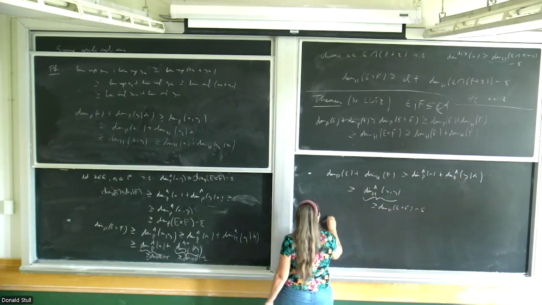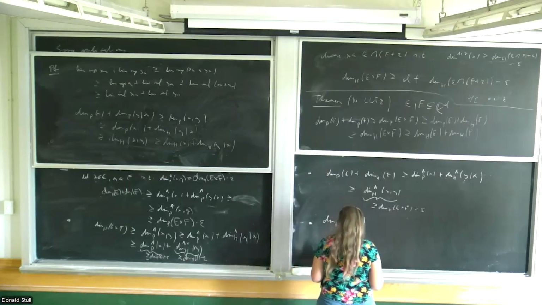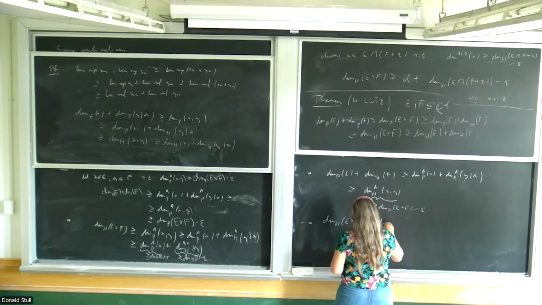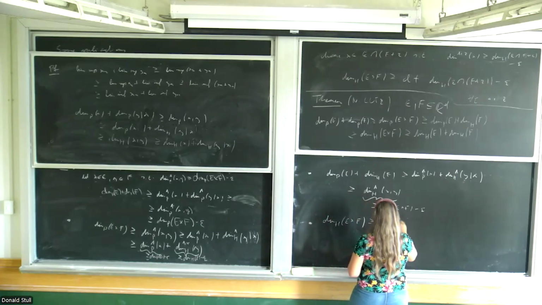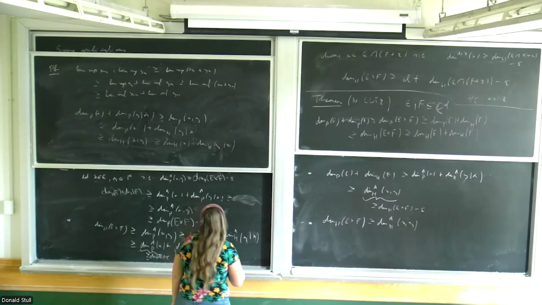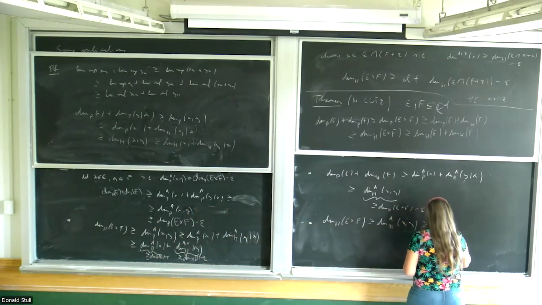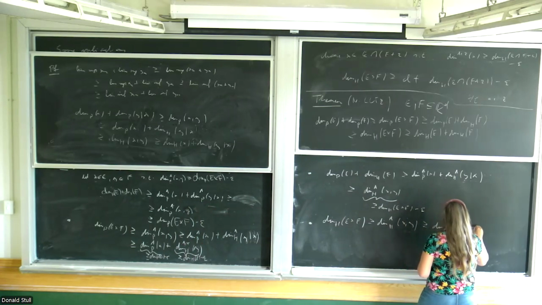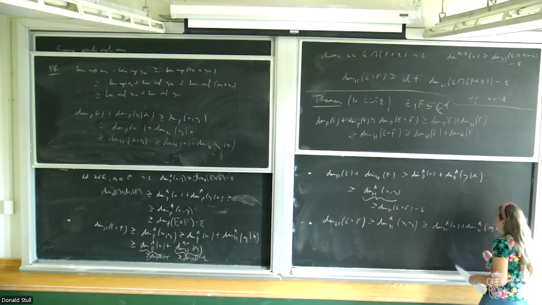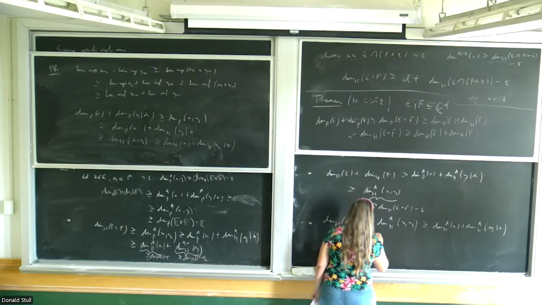So the Hausdorff dimension of E cross F is larger than the Hausdorff dimension of x, y, which is larger than the Hausdorff dimension of x plus the Hausdorff dimension of y given x. Now I put it into the oracle, I guess.